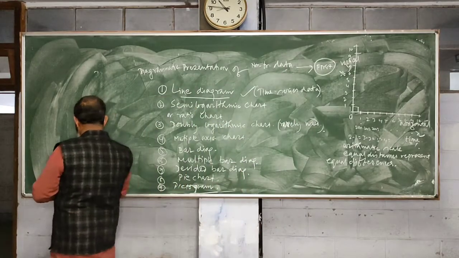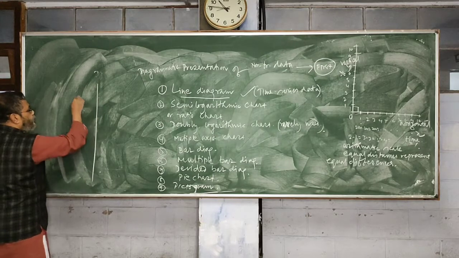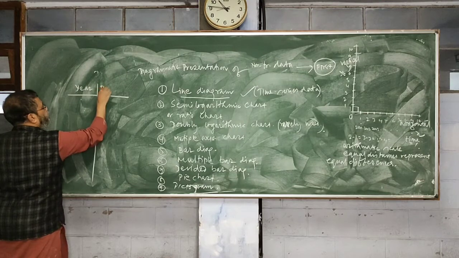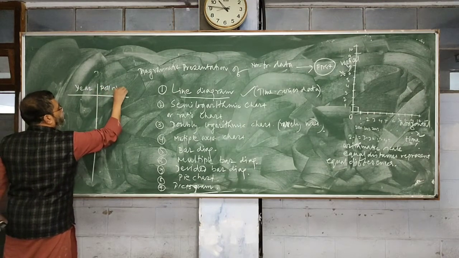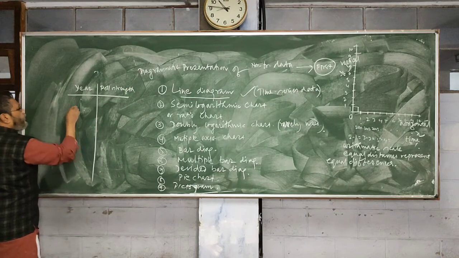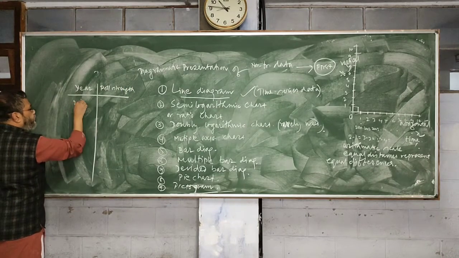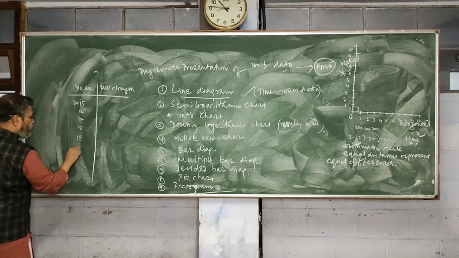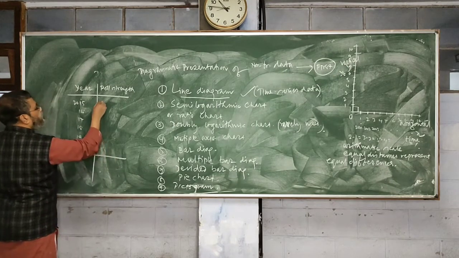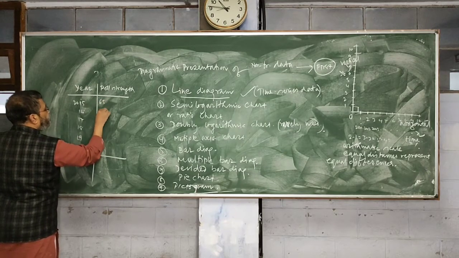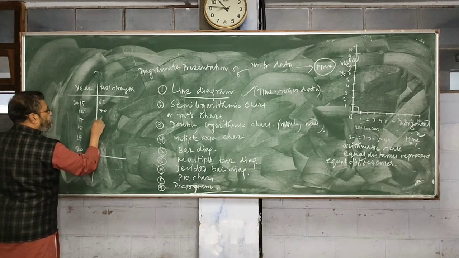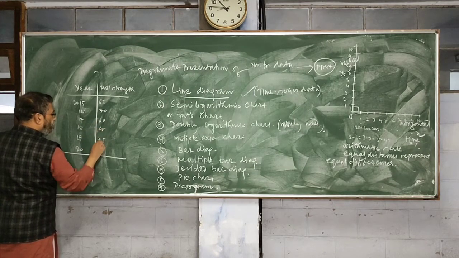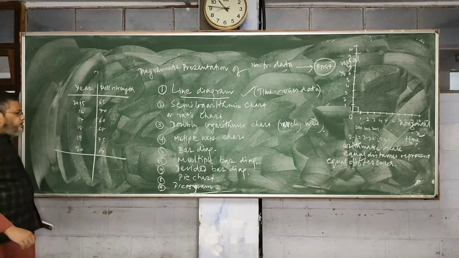Suppose the data is like this: year 2015, 16, 17, 18, 19 and 20, and roll strength 65, 70, then 60, then 68, 75, and now suppose 80.